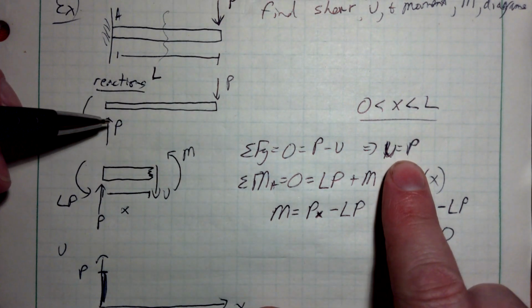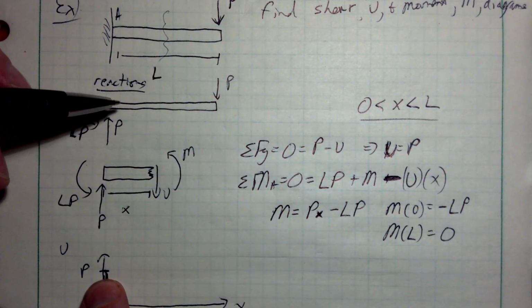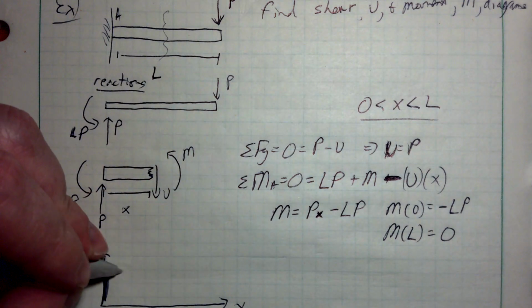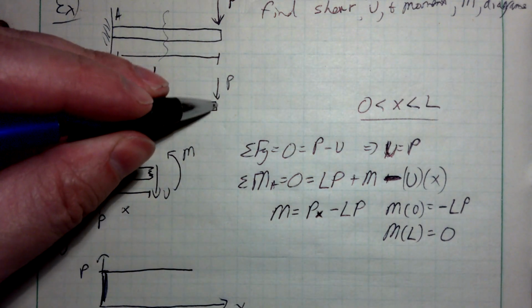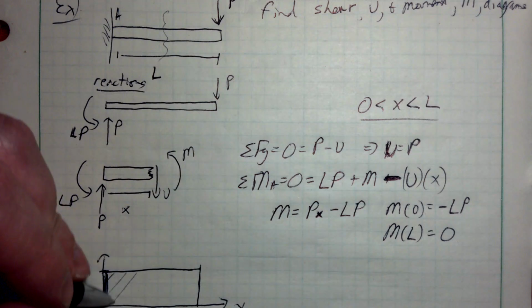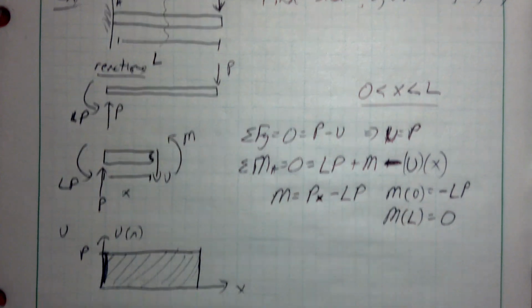I could look at my reactions and say, you know what, I've got a force here going to push it up to a value P. There's nothing in between here changing it, so it's going to stay constant P until I get out here to this point where I'm going to have this force push it back down to 0. This is my shear as a function of x.